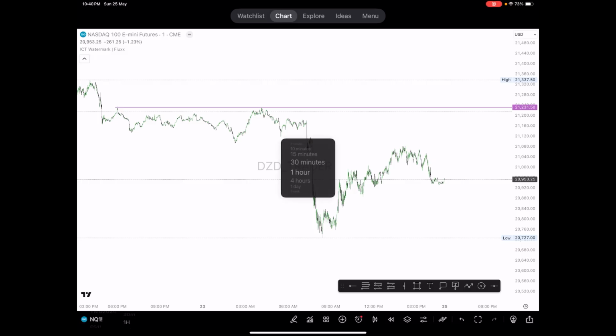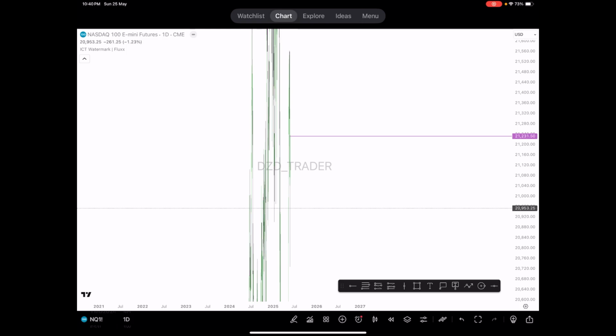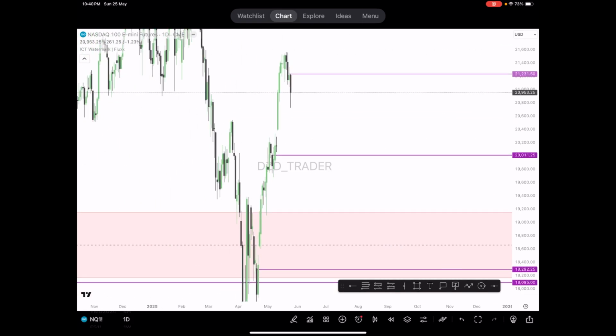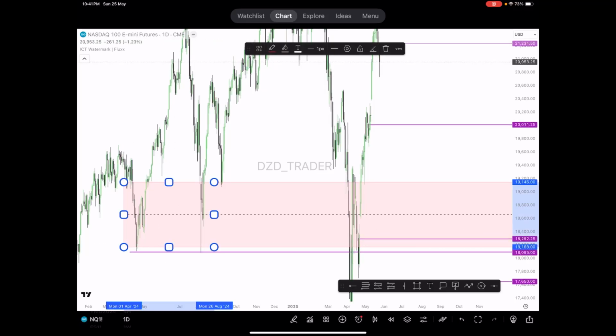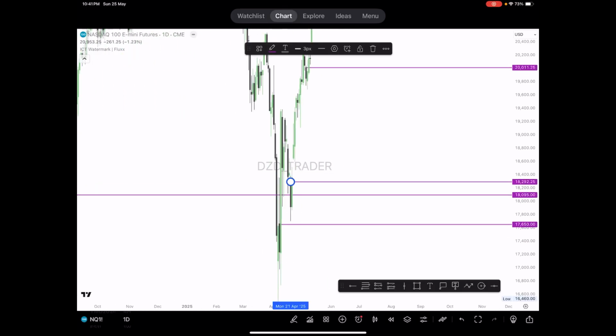First of all, I want to go to the daily chart. I'm showing you a NASDAQ daily chart. What I want to understand is that there is some sort of liquidity that has been swept in NASDAQ, swept over there. Once that liquidity sweep is done, I can see that there is an order block that has pushed the price higher.